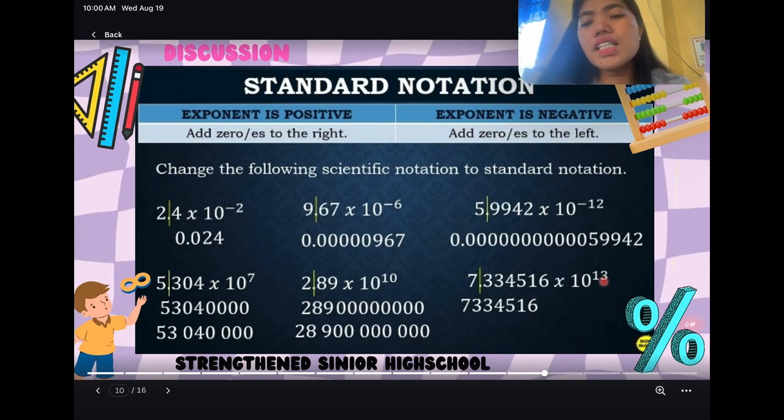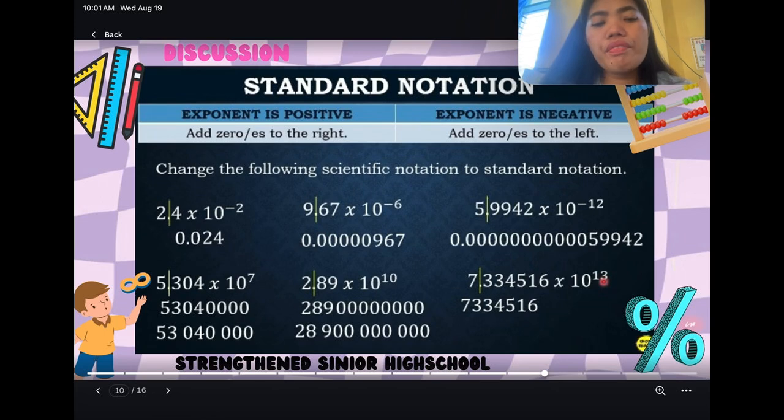The next, 5.9942 times 10 raised to the power of negative 12. So add 11 zeros before 5, and you will have that answer. Next, 5.304 times 10 raised to the power of 7. Since the exponent is positive, add zeros to the right. Add 4 more zeros to the right because you have 304 as significant digits already.